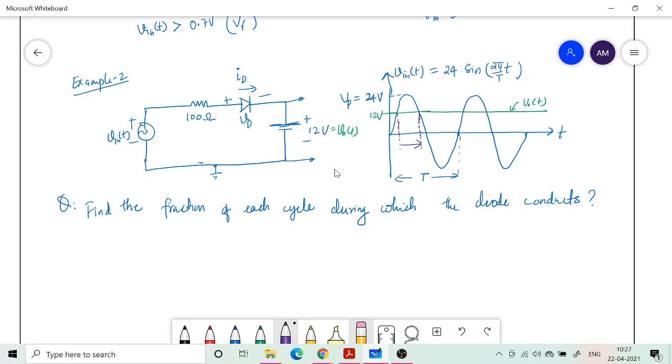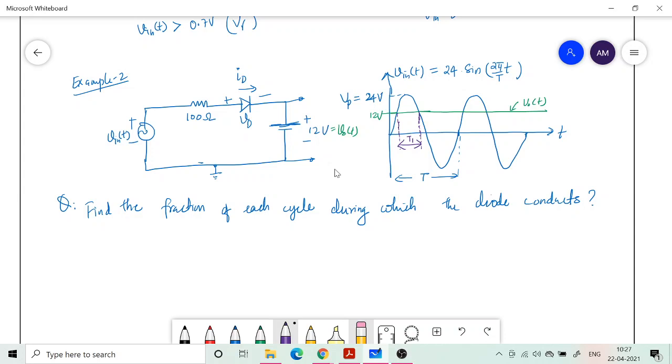If this period is t1 and the entire cycle is capital T, then the fraction is t1 by T. Out of the entire cycle, for some portion it is going to be forward bias because Vin goes above the N side voltage, a constant 12 volt.